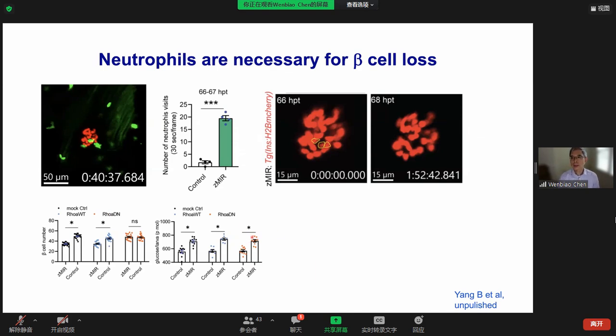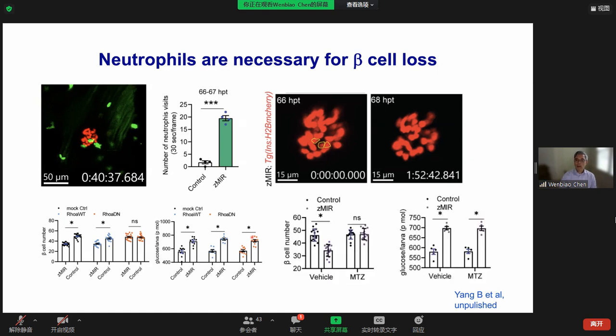So now it becomes clear that beta cell loss and the increased glucose are two separate phenotypes. We also use the cell ablation approach I just mentioned, that we applied to macrophage, to do the same thing to neutrophil. What we found is that if we ablate neutrophil, we also prevent beta cell death, but not the hyperglycemia that we observed in the animals. Again, suggesting that the neutrophil is necessary for beta cell death, but not the beta cell dysfunction.